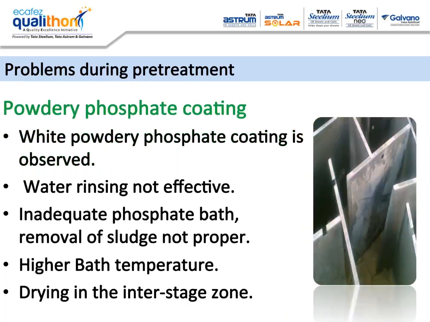Powdery phosphate coating, you can clearly see this, and this is basically if we don't put a filtration system on the phosphate, this can happen. This is observed only in zinc phosphate. You will not see this in iron phosphate or even in nano coating.